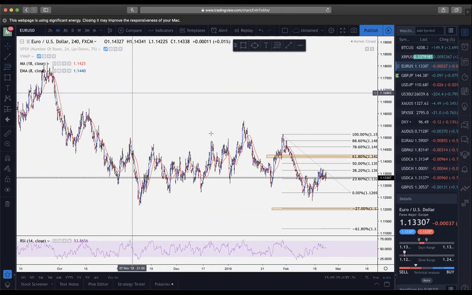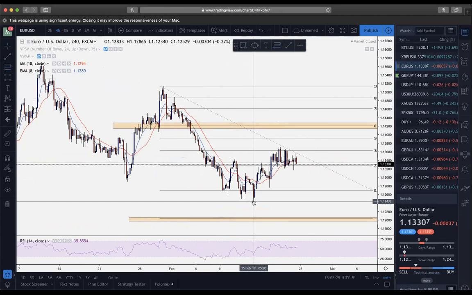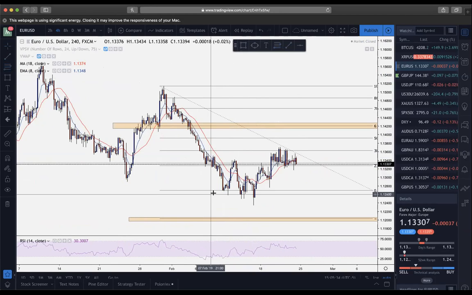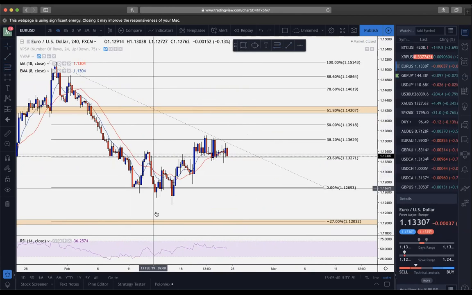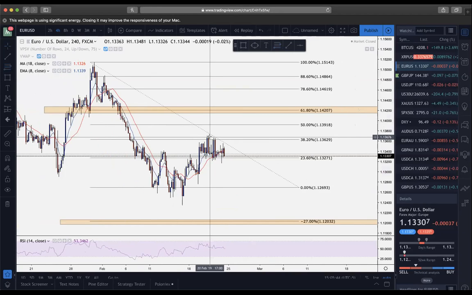And we're in this choppy consolidation. So we came down, made our higher low. Everything's being respected on this 0%. Like it's just being respected. Now we made our valid 38.2.